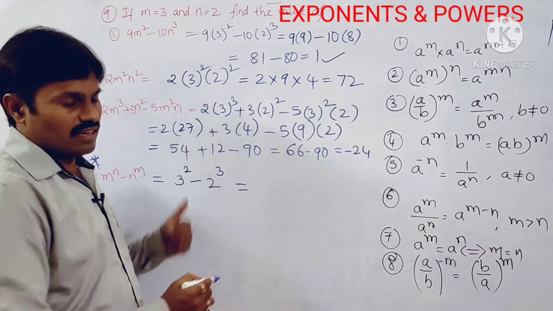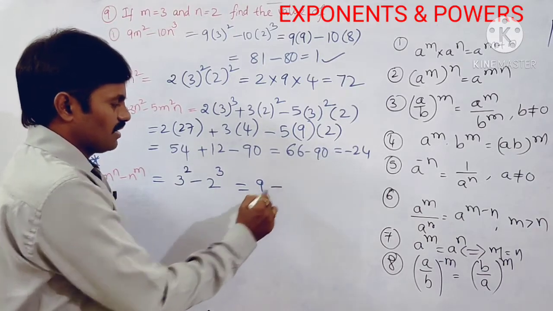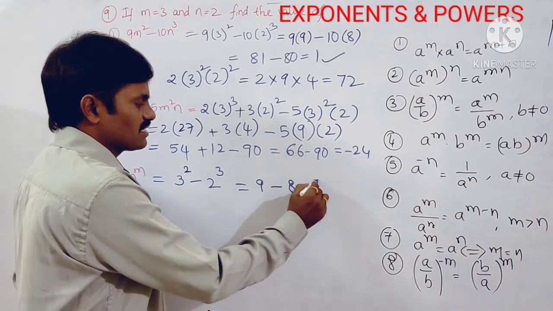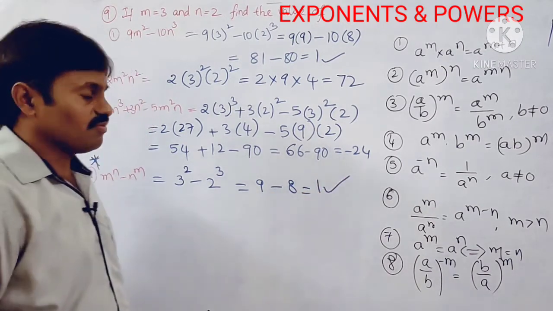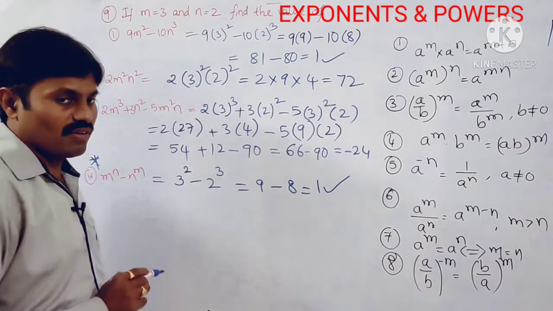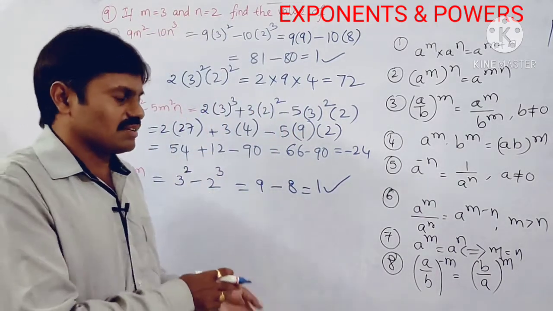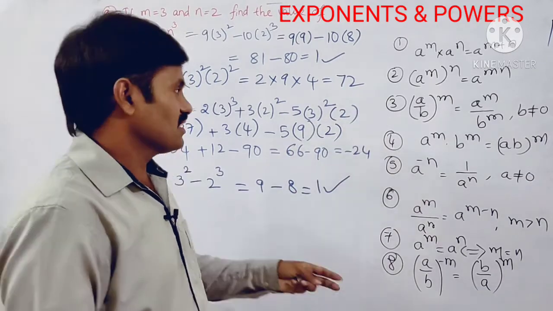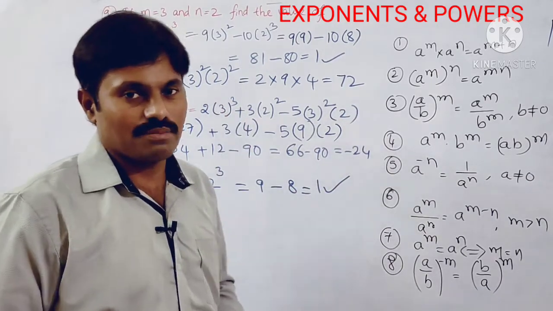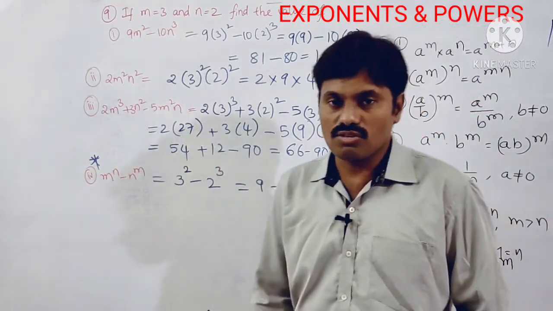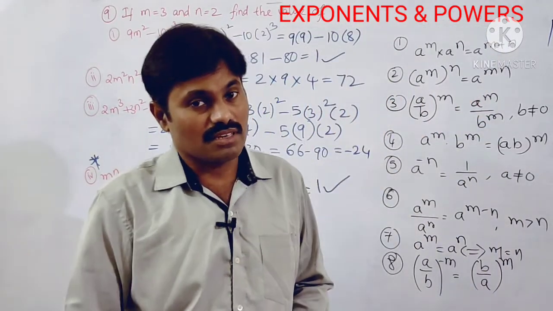So 3 square, 3 into 3 is 9, minus 2 cube, 2 into 2 into 2 is 8. So 9 minus 8 is 1. Is it clear? So finally, what is the answer for m power n minus n power m? 1. Whether these are easy or very easy, you just have to apply the laws of exponents. Here it is mostly the simplification part, just expansion. So this is the most selected question for competitive exams also.